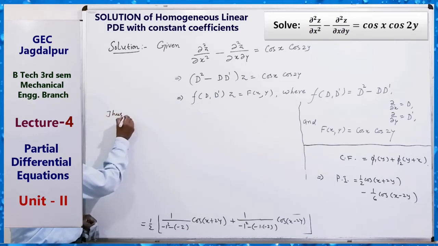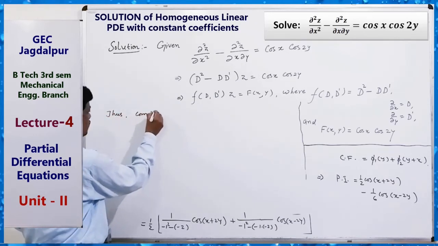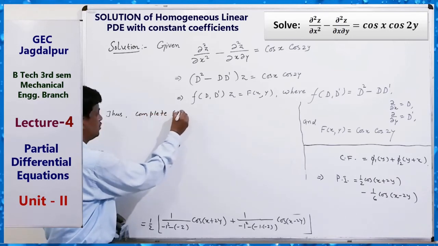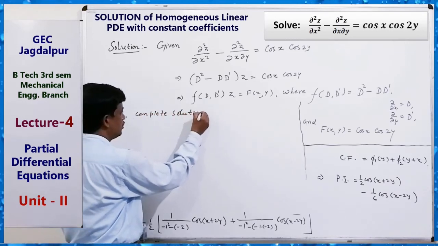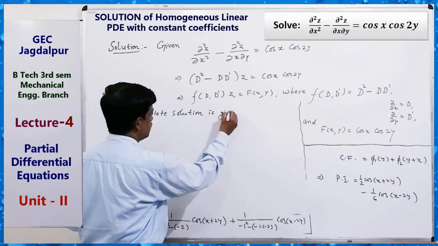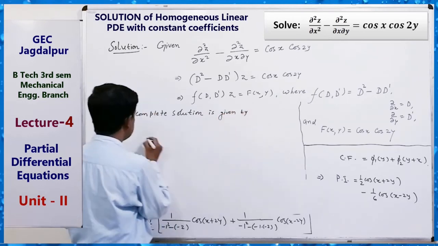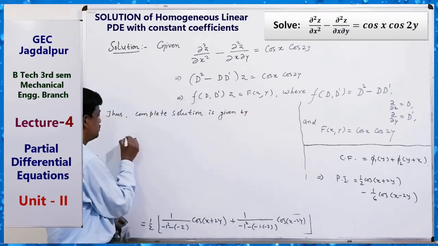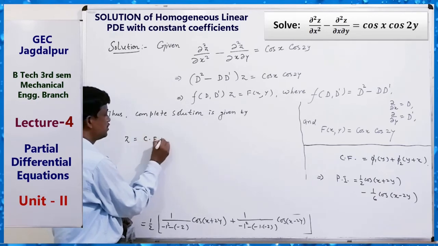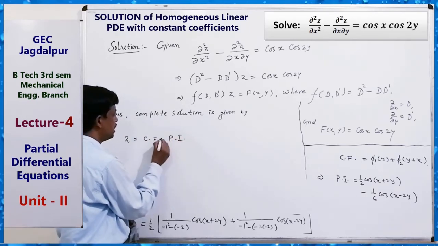Thus, the complete solution is given by z equals to CF plus pi.